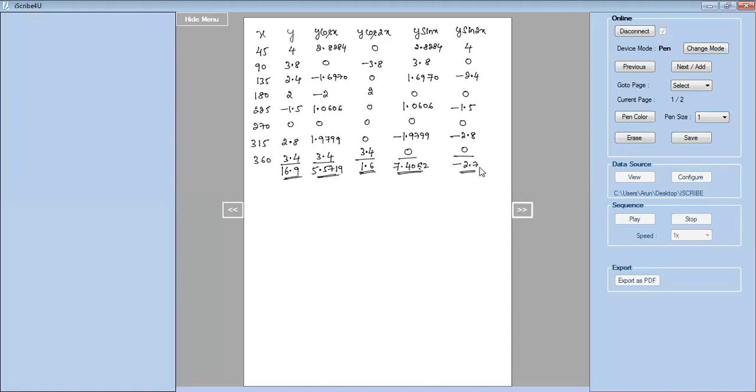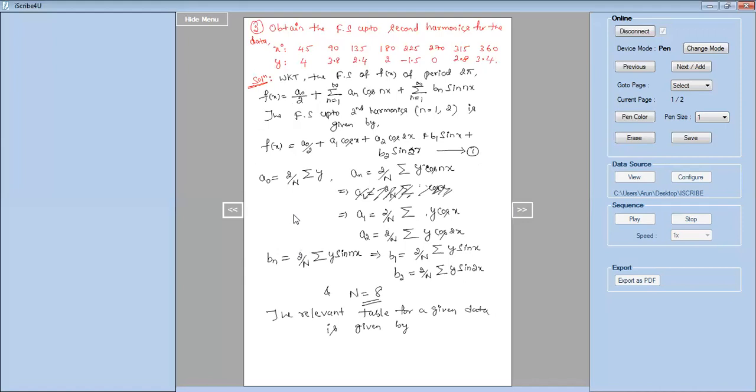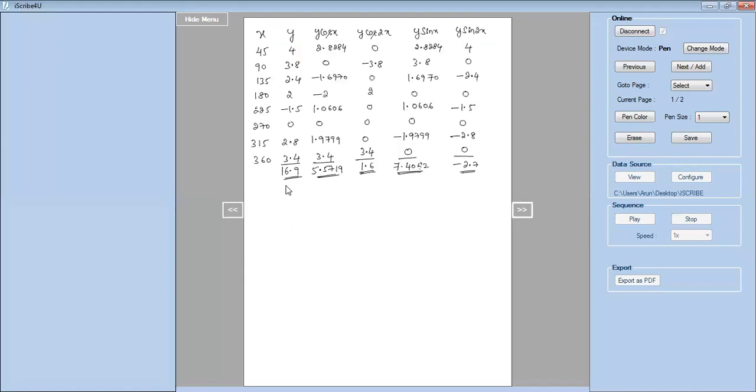Now substitute the summation values in the formulas. It is A naught, A1, A2, B1, B2. So A naught first, the formula is 2 by n into summation y. N means 8. Summation y is 16.9.